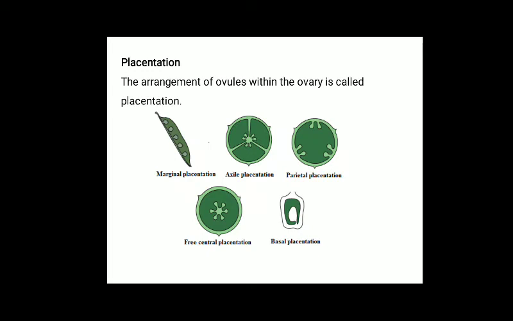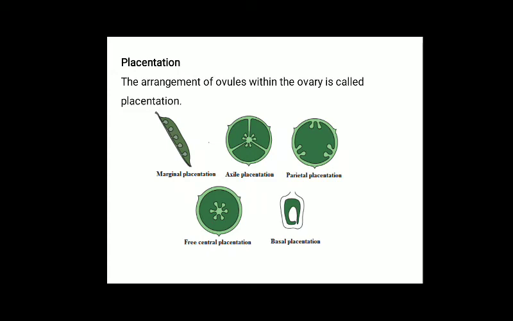Whereas in axial placentation, the ovules are arranged from the center of the ovary, which consists of locules. So here we have three locules in the case of lemon. So this is trilocular, and the ovules arise from the center. This is seen in hibiscus as well as lemon. Next is parietal placentation.